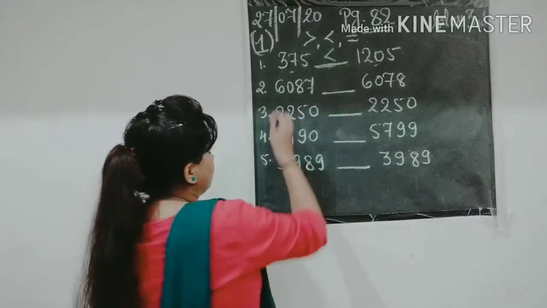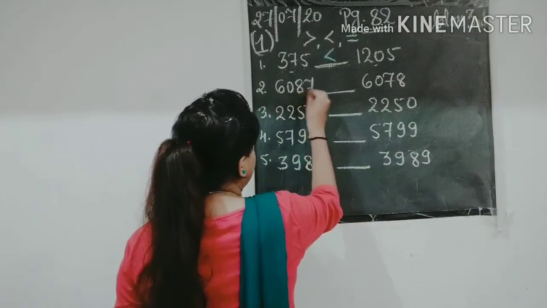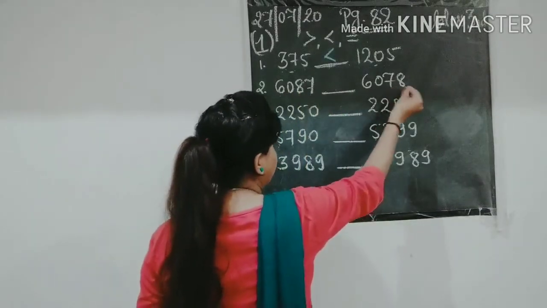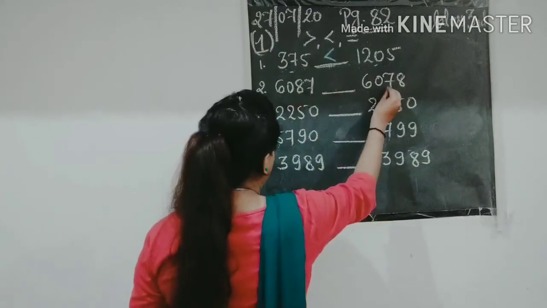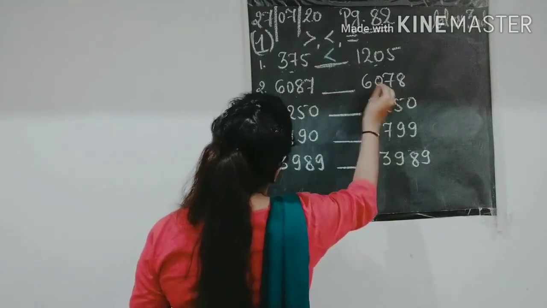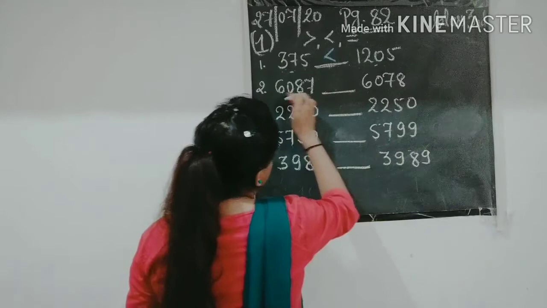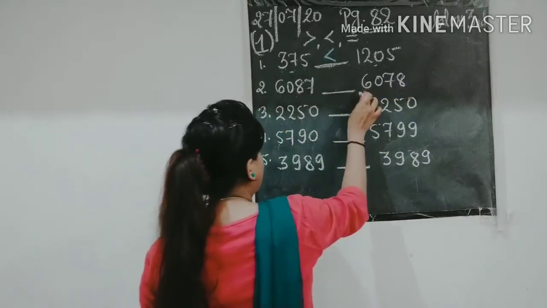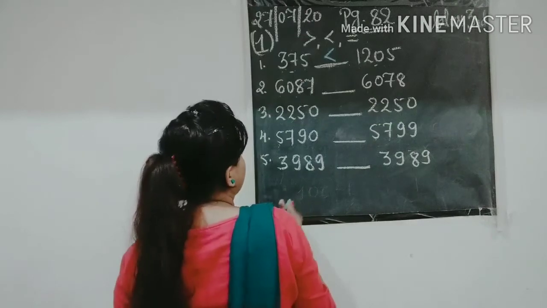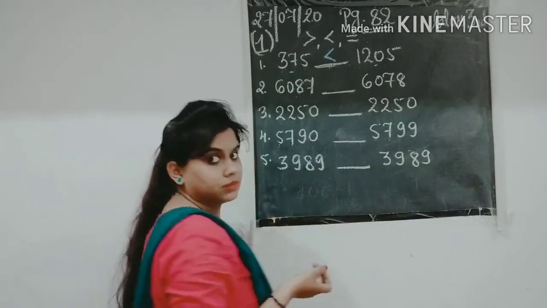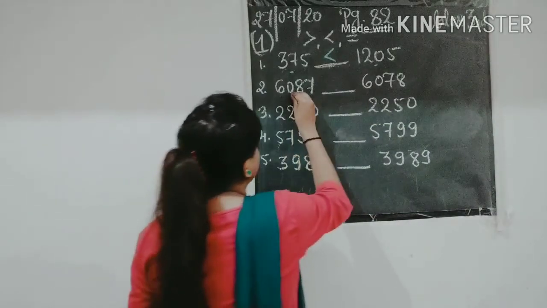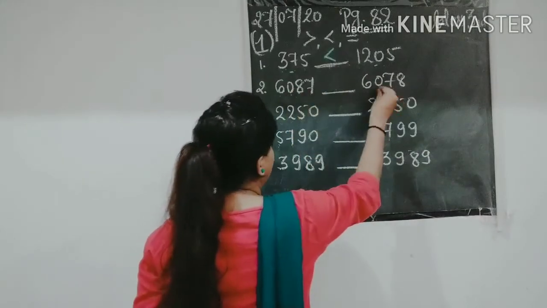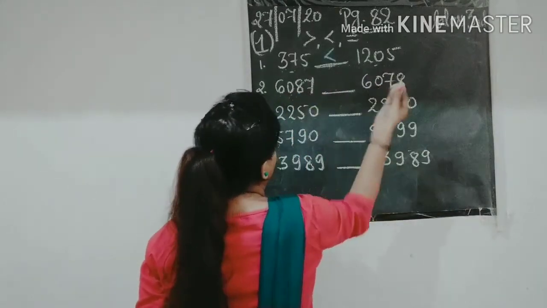Second question, 6087 and 6078. Both the numbers are 4-digit numbers, so we will compare. 6 is equal to 6, because in both the thousands places 6 is there. Next compare the hundreds: 0, here also 0. That means 0 is equal to 0.